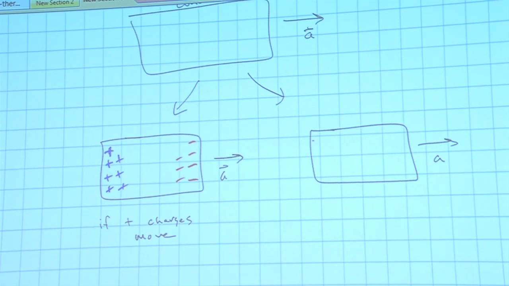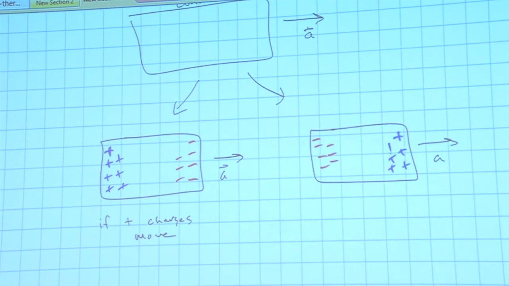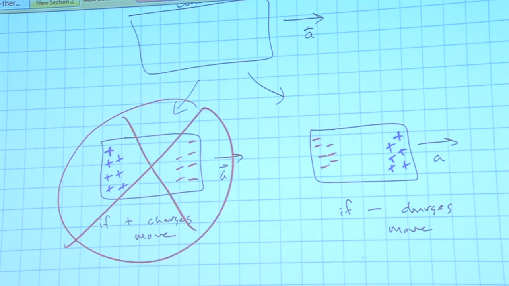And if the negatives are free to move, we're going to get this, right? We can measure the potential difference. And of course, which one do we get? We get this one, right?